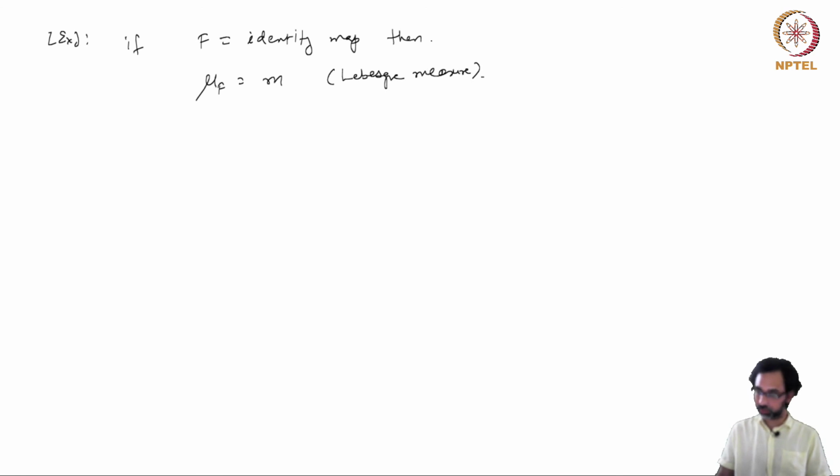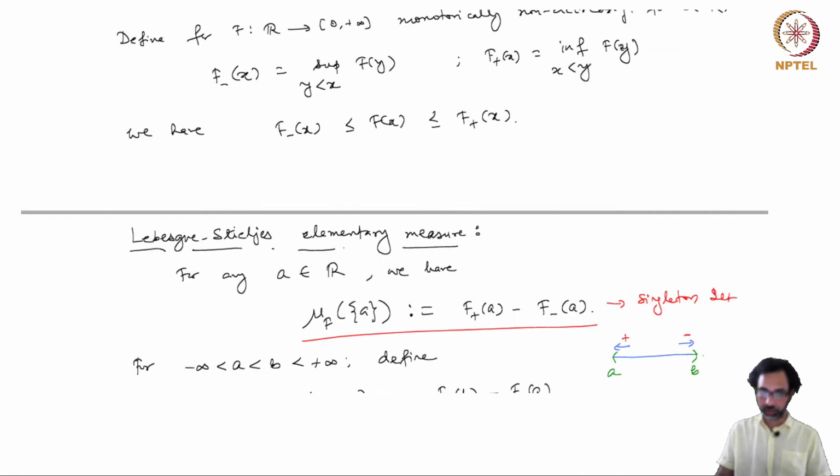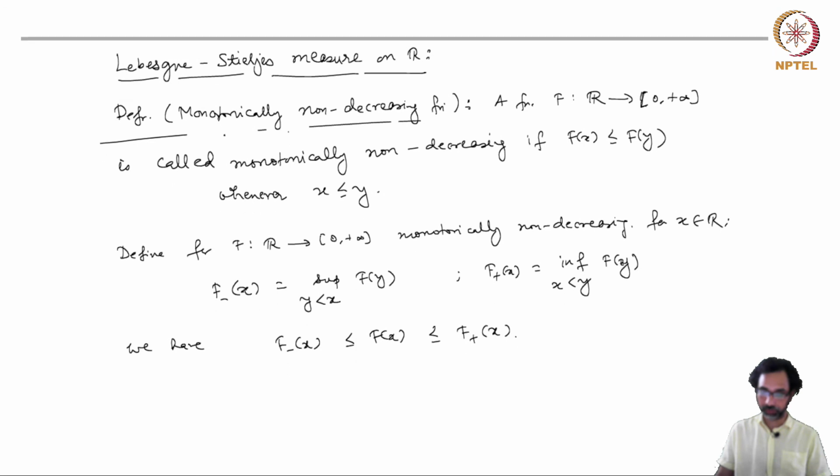So here one subtlety is that I defined it for a monotonically non-decreasing function which takes extended positive real values, but I should actually try to replace this by R. So if you have a monotonically non-decreasing real valued function, then you can define the whole thing, and the identity function is then admissible here as a monotonically non-decreasing function.